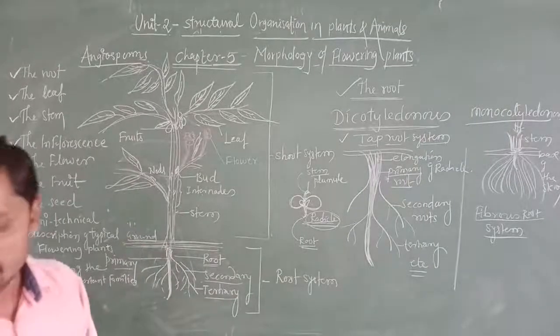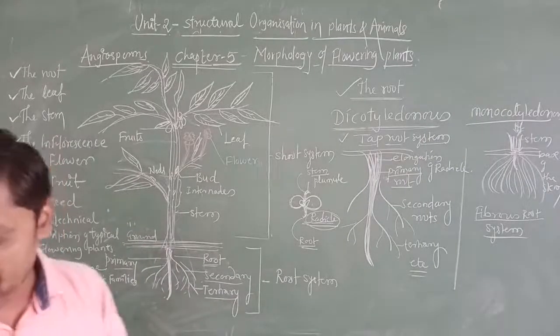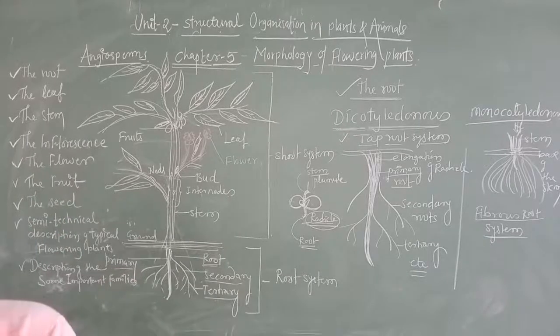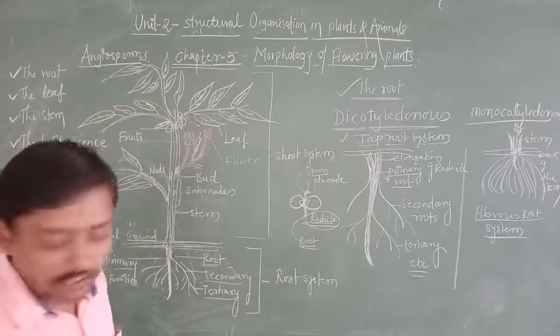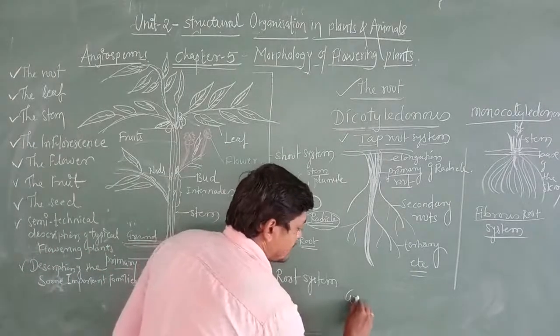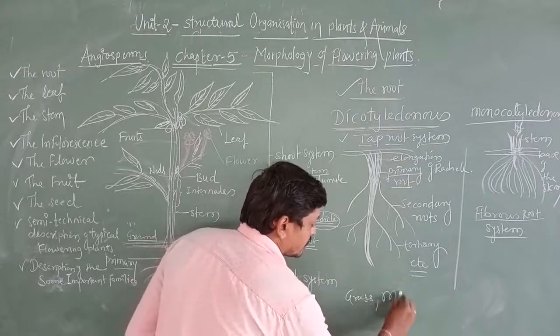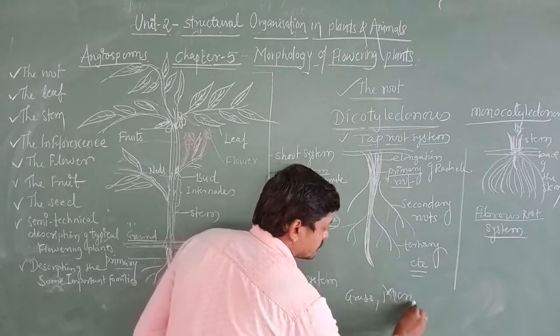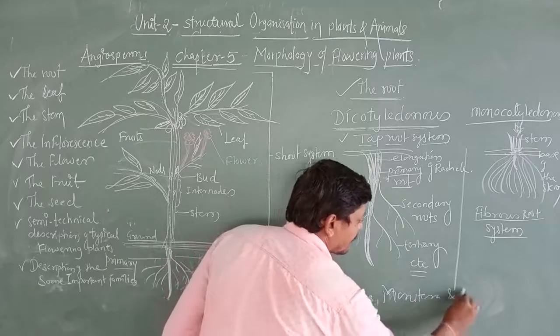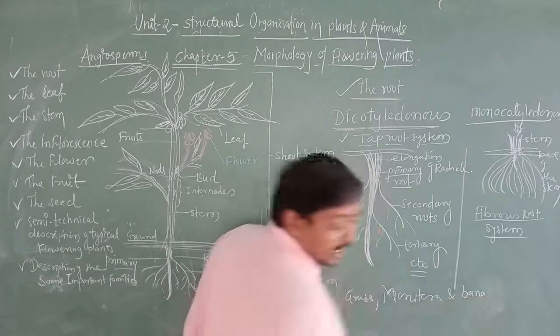Now, what happens in some plants like grass, monstera and banyan?